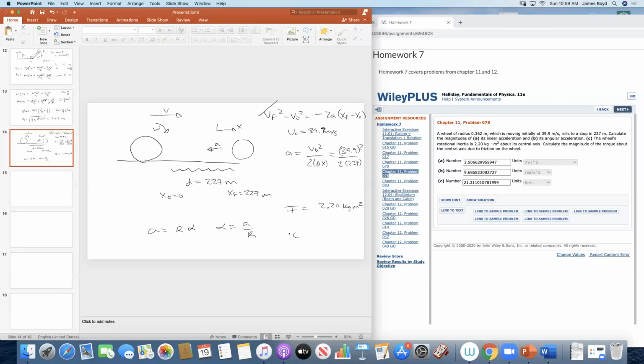We know that the torque that caused this deceleration was equal to I alpha, right? And therefore, all we have to do is multiply this I by the alpha that we just found. So multiply 2.2 times 9.686. I get 21.31. And that's it. This is just understanding how torque is related to I alpha.